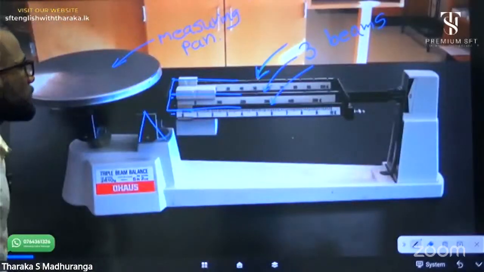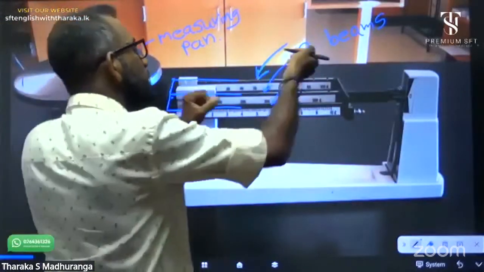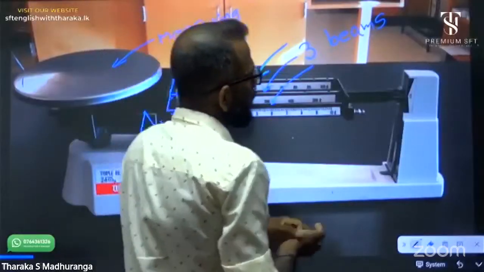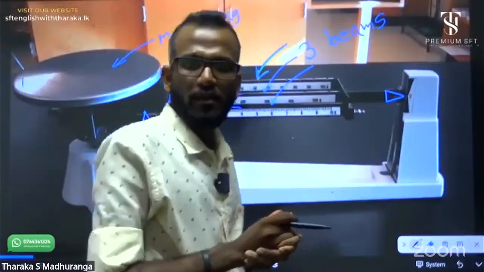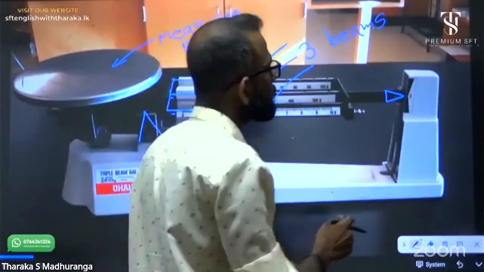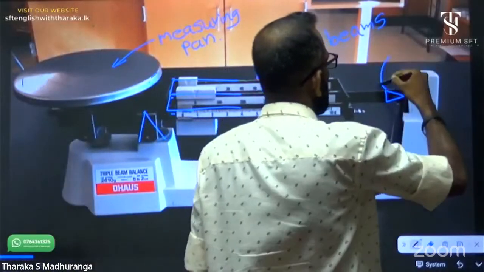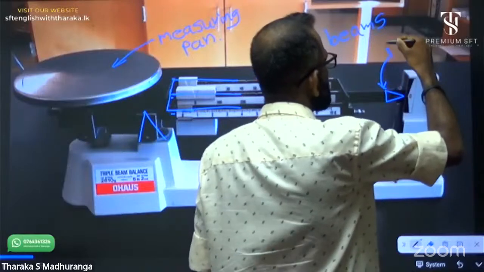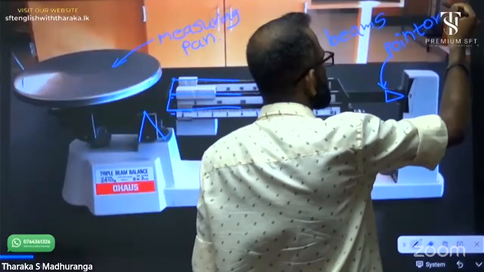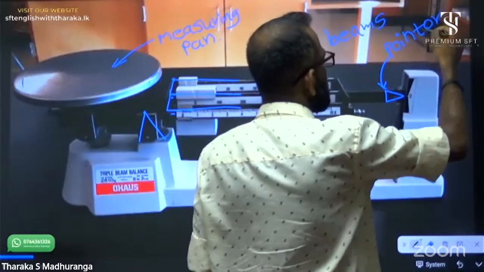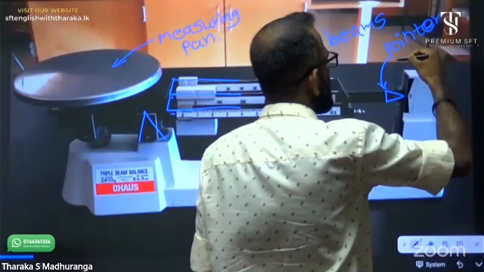Here is a measuring pan and three beams. Can you see there is an arrow mark? We call it a pointer or indicator.